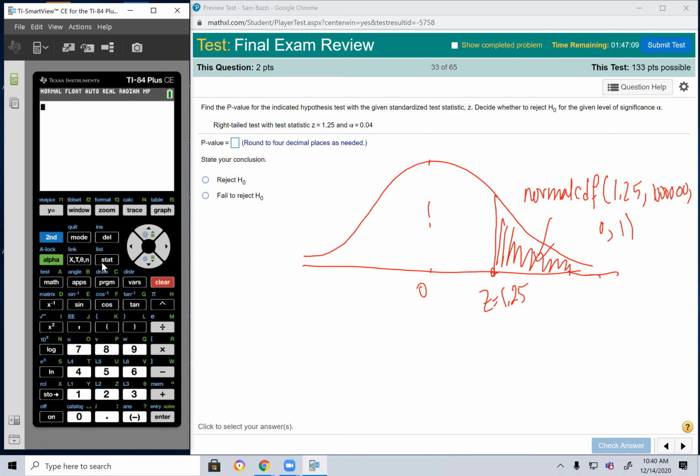Let's do it again. I put two commas or 2 decimal points. Okay, I got 0.066 or 0.067.